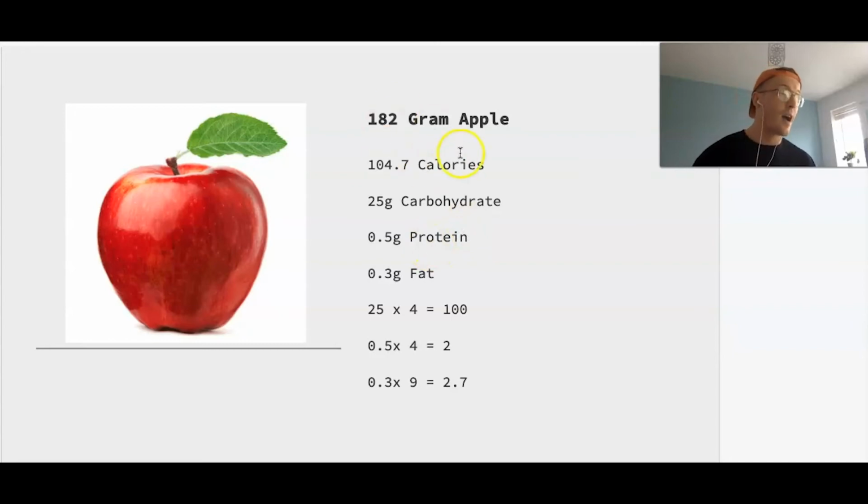To work out the calorie amount of this apple, we have to times 25 grams of carbs by 4 calories, because we know that 1 gram of carb equals 4 calories. So 25 times 4 equals 100. Now we do the same for protein and fat. There was 0.5 grams of protein, so we times 0.5 by 4 and we get 2. And then we do the same for fat. 0.3 times 9 equals 2.7. And then you add them together and you have the exact calorie amount of the food.